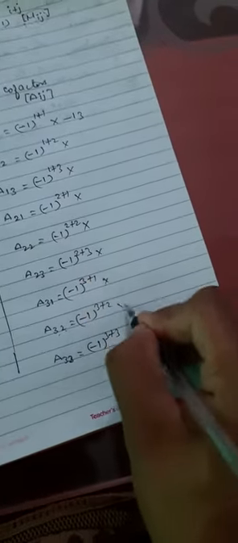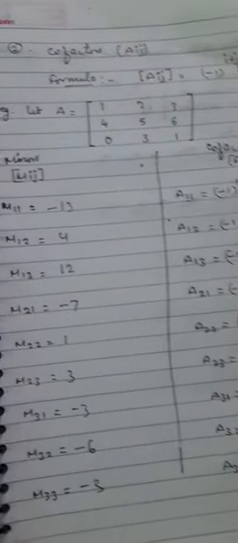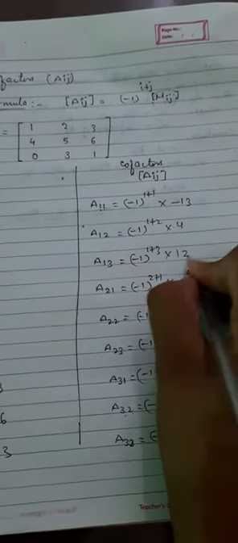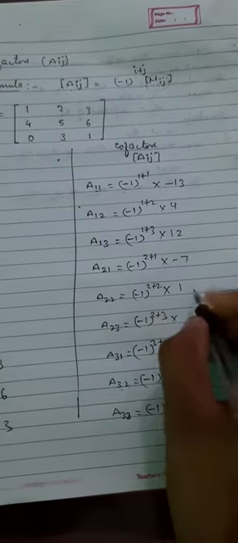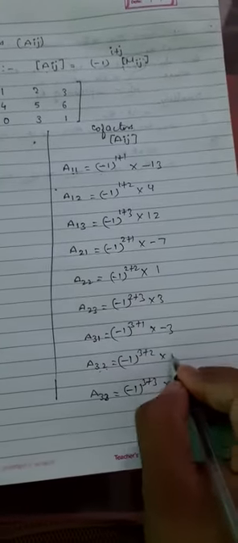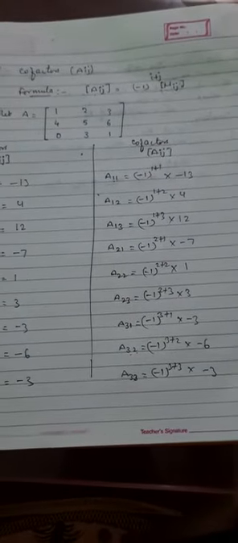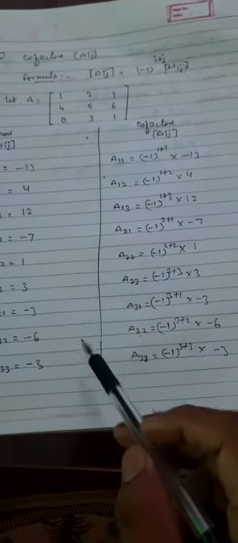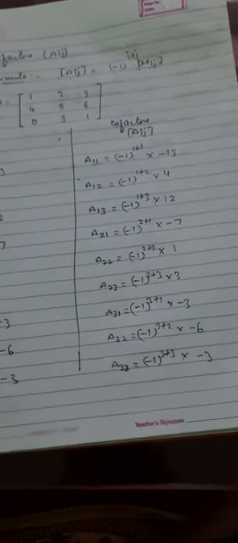Now copy the minors as it is, like minus 13 we have written. Now we will write 4, then 12, minus 7, 1, 3, minus 3, minus 6, and minus 3. You can see, everywhere we copy the minors, minus 13, 4, 12, minus 7, 1, 3, minus 3 up to minus 3.